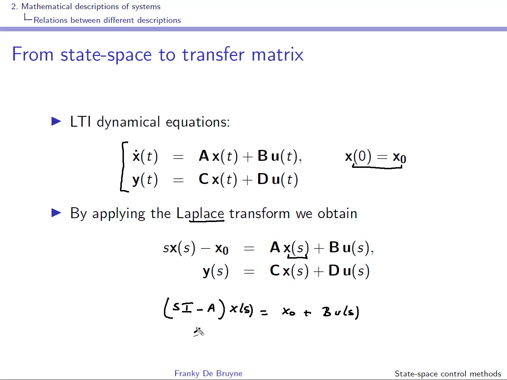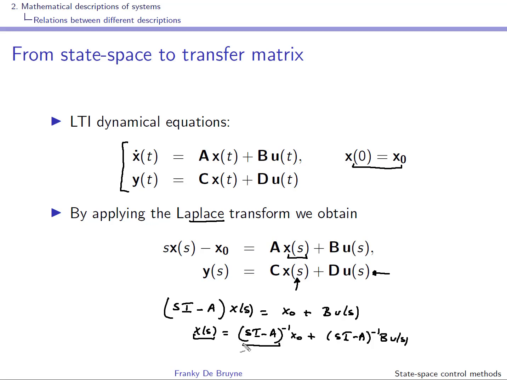So this means that x of s can be written as (sI minus A) inverse times x0 plus (sI minus A) inverse times B u of s, right? This equation stays the same, and then you can inject, of course, the solution of x of s in here, and you obtain the solution or the output equation in the Laplace domain.